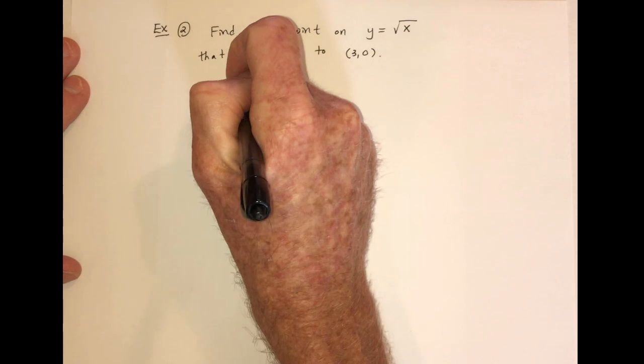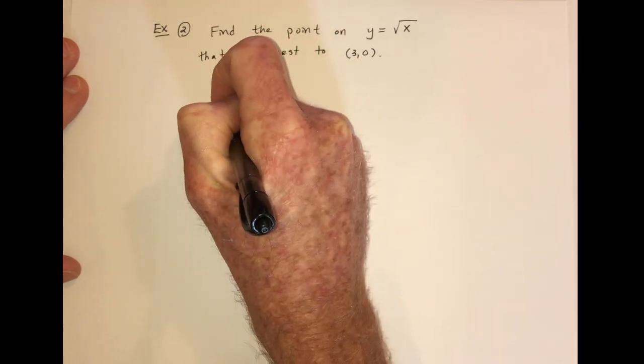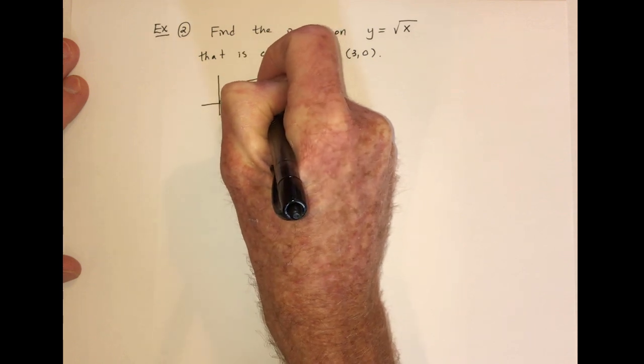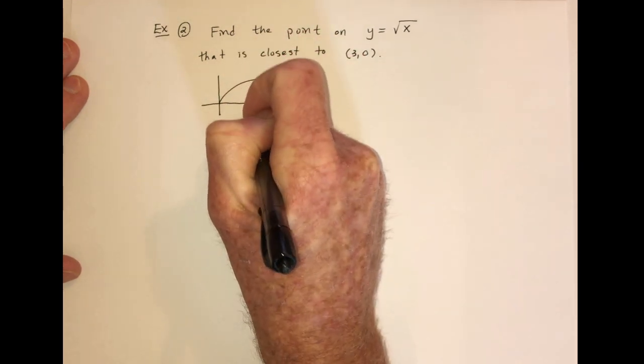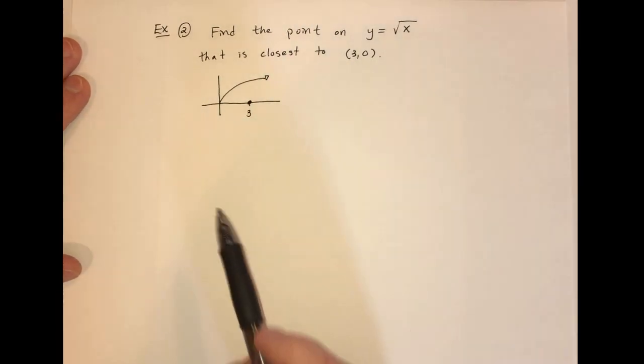So first of all, the graph y equals the square root of x looks like this. And then 3, 0 would be on the x-axis right here.